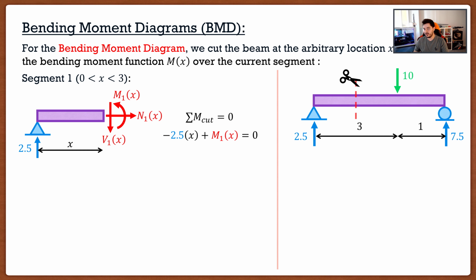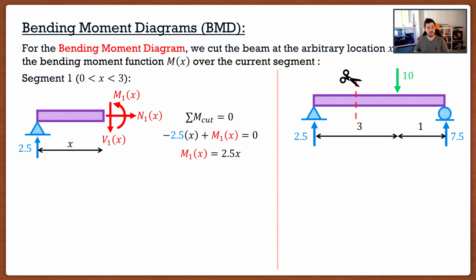So we're going to have the 2.5, but notice that the distance between the cut and the support reaction is simply x. So we're going to have negative 2.5 times x. So if I solve for M1 of x, we get that M1 of x is equal to 2.5x.